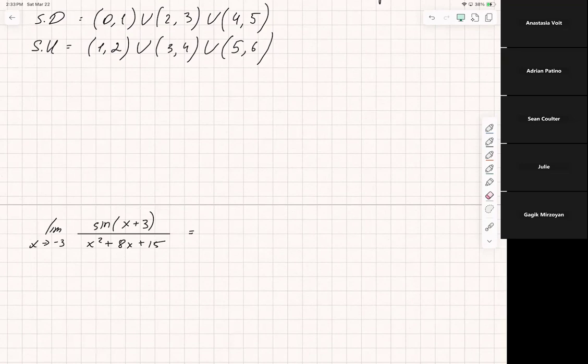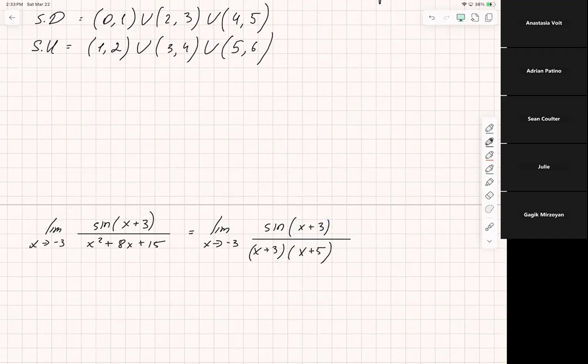First of all, let me write the denominator as two factors. Limit as x approaches -3 of sin(x + 3) divided by (x + 3)(x + 5). You see that we have x + 3 in the denominator and the argument is also x + 3.